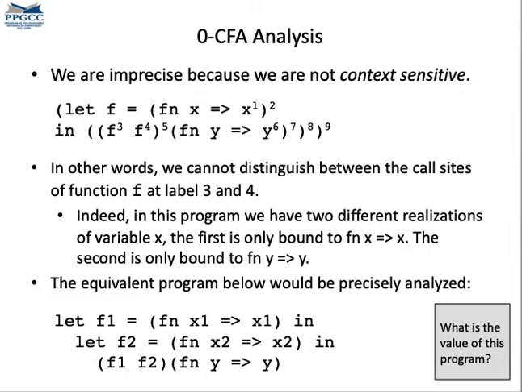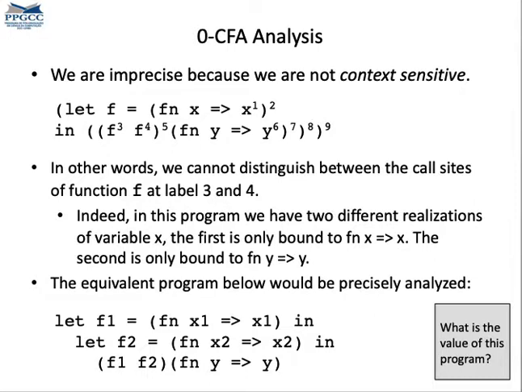The analysis that gives that conservative solution is imprecise because it cannot distinguish the invocation of f at label 3 from the invocation at label 4. It's just function f regardless of where it's called. That's what I mean by not being context sensitive. To simulate context sensitiveness, we could rename each f at the invocation site, like in the program below.